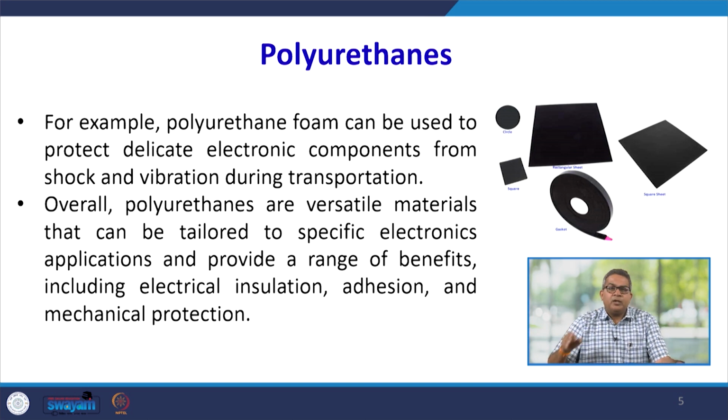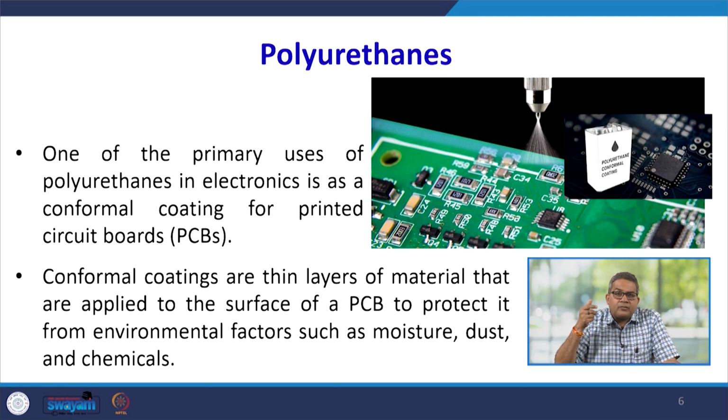Overall, polyurethanes are versatile materials that can be tailored to specific electronic applications and provide a range of benefits, from insulation to adhesion to mechanical protection. They may create a barrier between the atmosphere and the material in question.